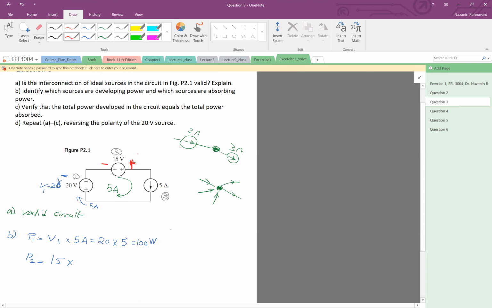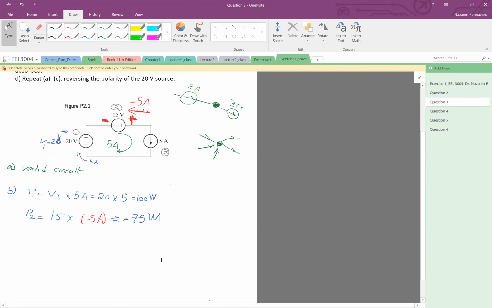Then I will look at the current in this direction. 5 amp is going this way, so therefore negative 5 amp is going that way. So therefore I would say 15, which is positive, times negative 5 amp, which is negative 75 watts. Very good.